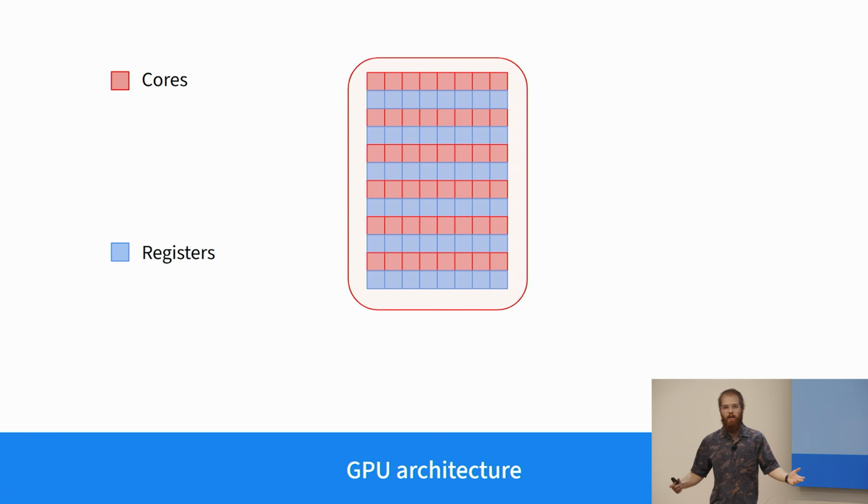So what is a GPU? It has massively parallel computation, lots and lots of threads doing lots and lots of computation. This is like a picture: we have all these cores doing computation, and they have all these registers that they use to do that computation. This seems great, except there are lots of computations that involve communication between threads. If you're trying to do a reduction, where each thread does a little piece of the computation and then you reduce the answers to get the final result, they need some way to communicate that.